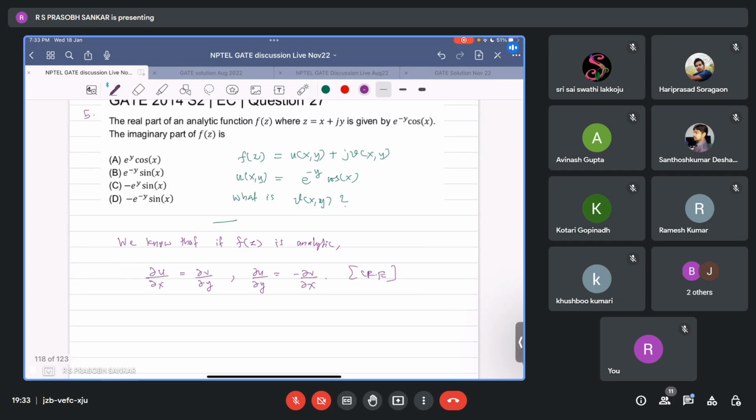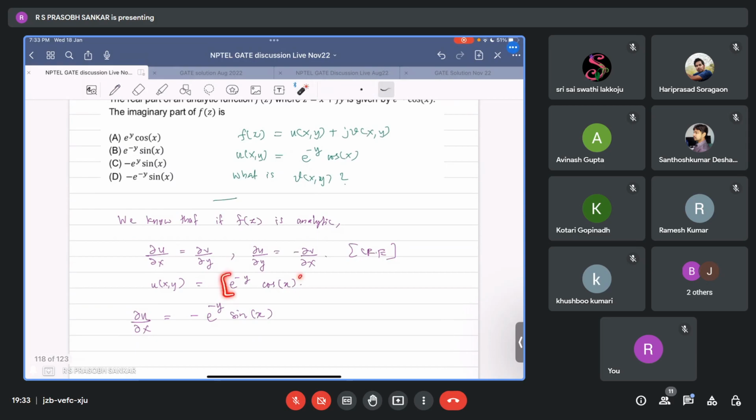Now, u is given by e raised to minus y cos x. So, what is dou u by dou x? This is minus e raised to minus y sin x. We do the partial differentiation with respect to x, so the derivative of cos x is minus sin x. Dou u by dou x is minus e raised to minus y sin x. Now, by the Cauchy-Riemann equation, this is the same as dou v by dou y.